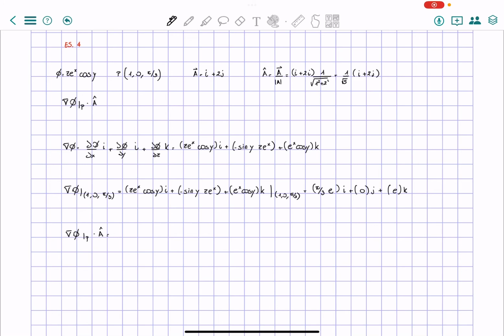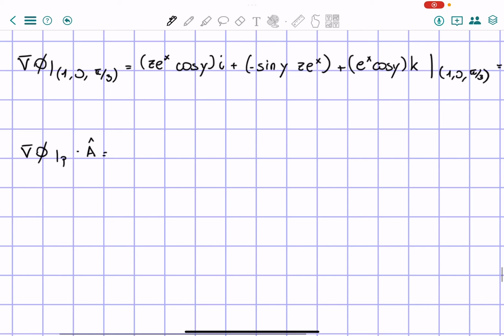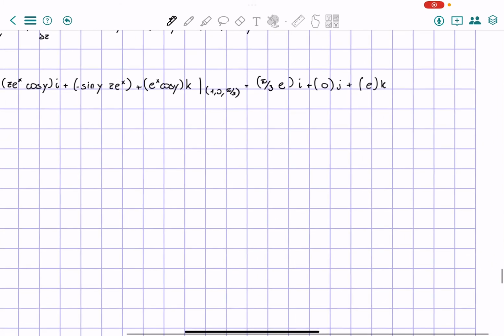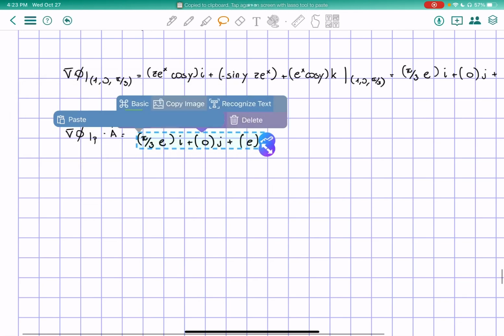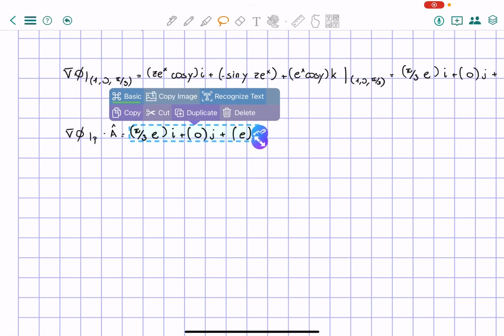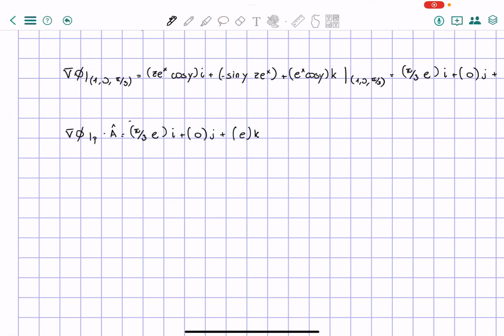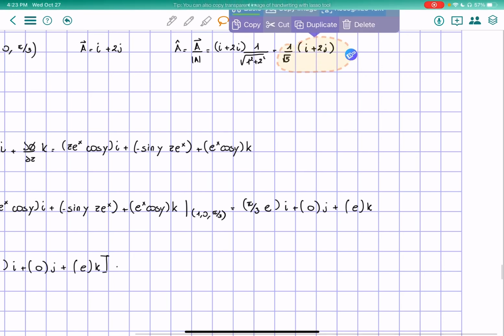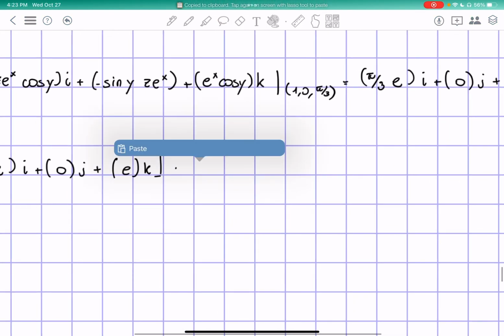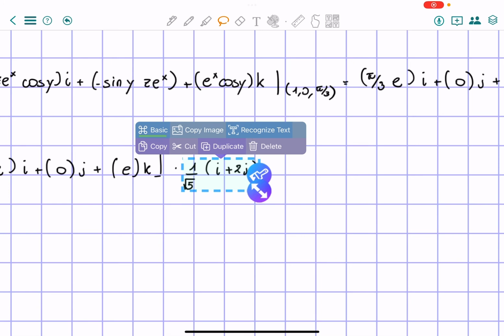Yes, we are indeed. Let's rewrite the whole thing just so you can see it too. We're going to have this, copy, paste, times our A hat vector, which is this, copy and paste right here.